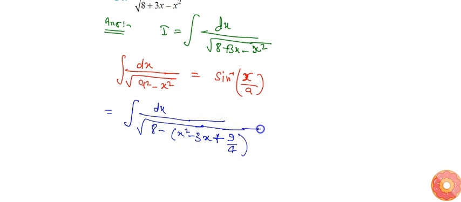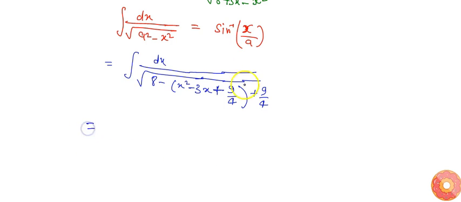So here I add 9 by 4. If I add 9 by 4 here, then in the expression I have added minus 9 by 4, so I have to add plus 9 by 4 to keep the expression intact.